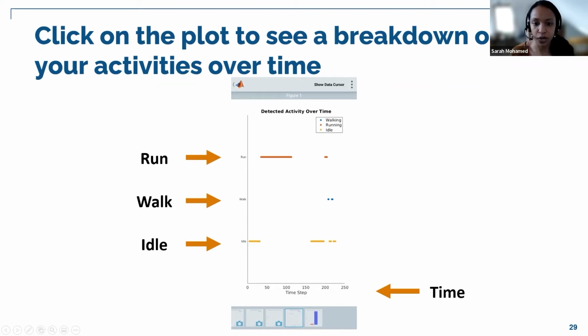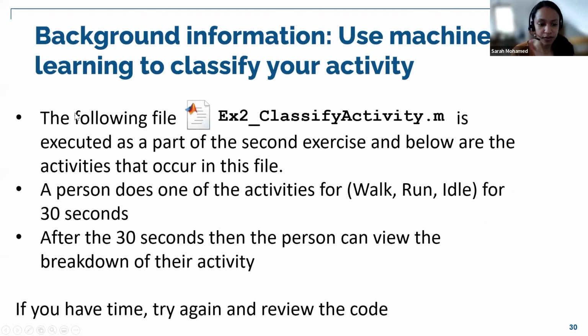Each dot on this plot corresponds to each time step at which you were doing the activity, roughly. All right, so this is just some background information for what you will do when you run the exercise, but we're not there yet, so hold on.